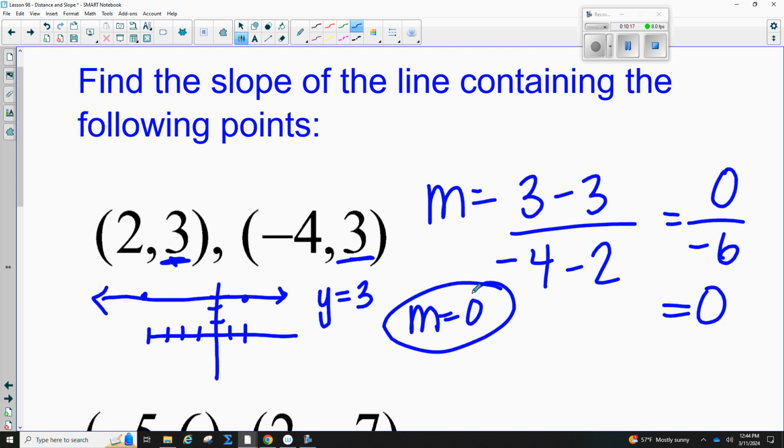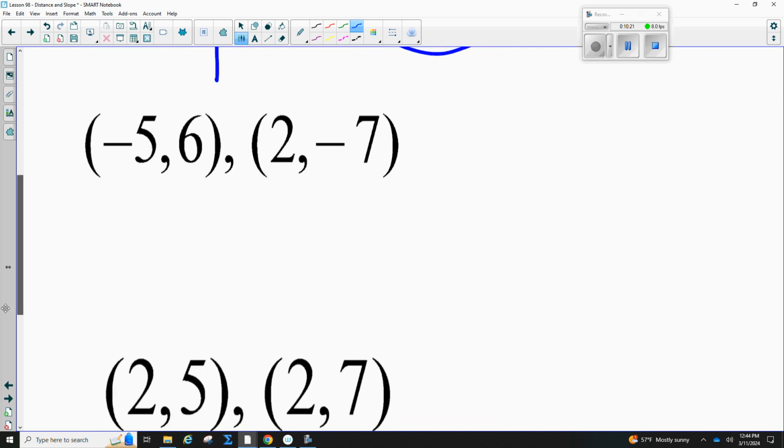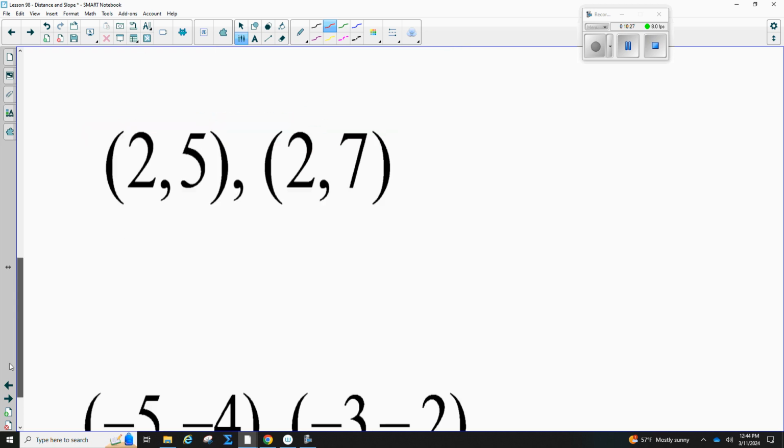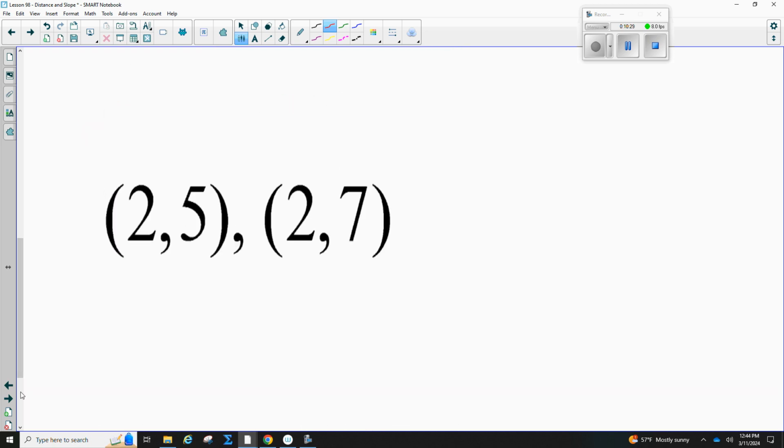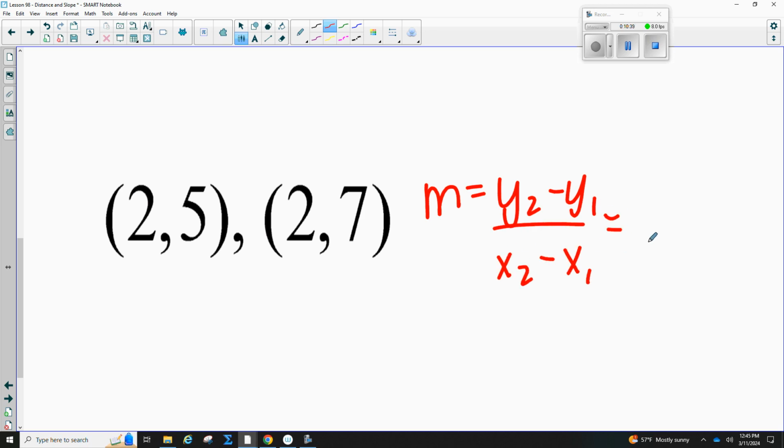Now let's try another one. I don't think this is a special case one. We don't need to do this one, but we do need to do this. This is the other one that's special, and then we'll be done. So again, m equals y2 minus y1 over x2 minus x1. What's the second y? What's the first y?